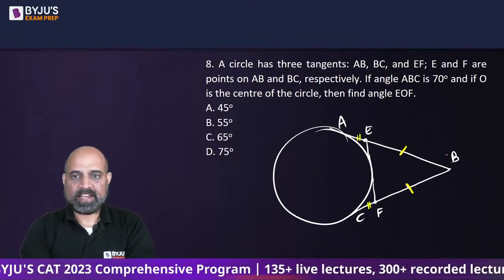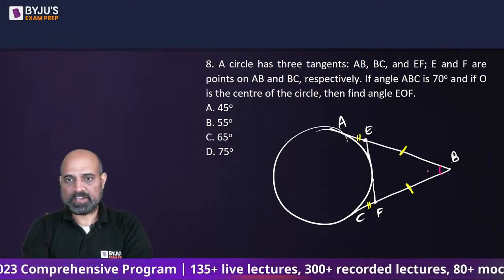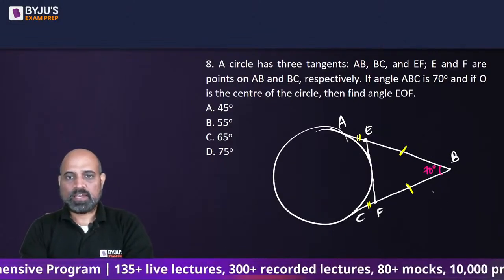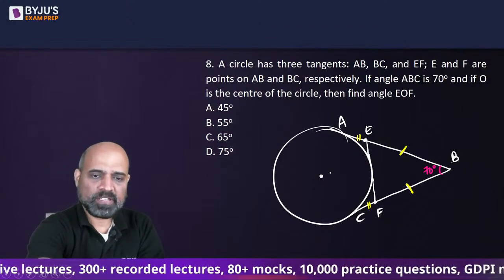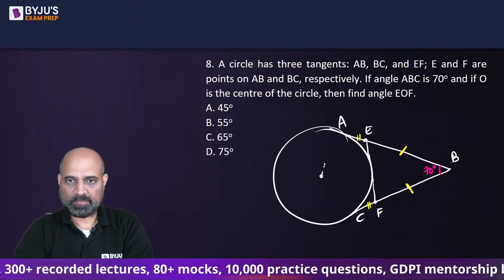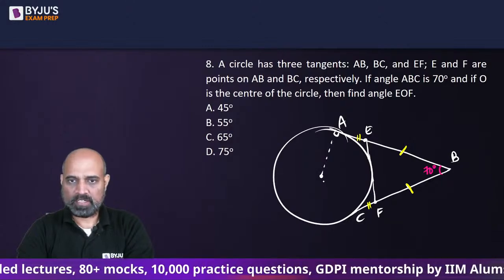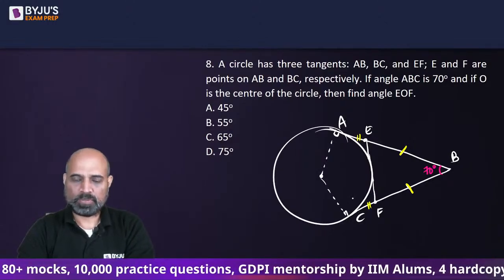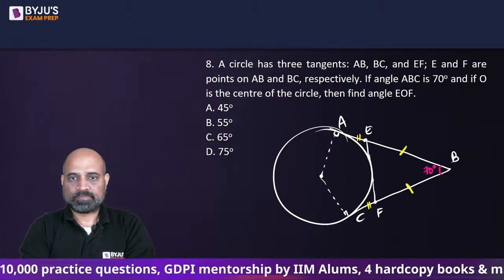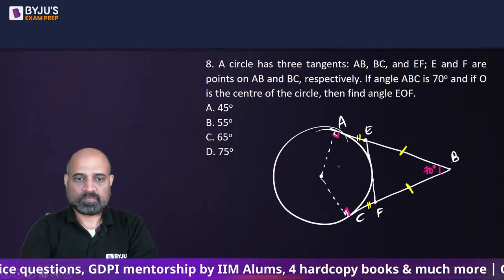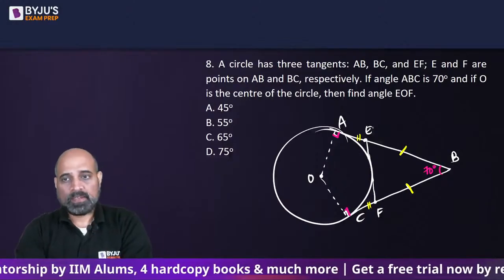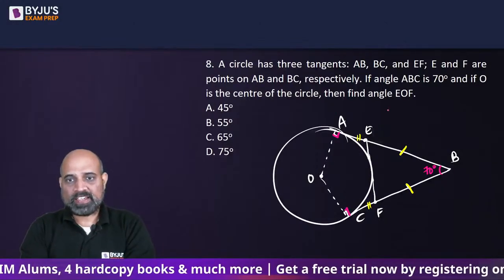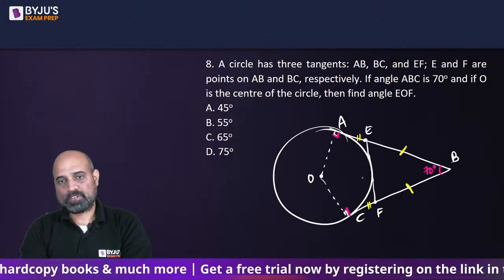It is given that angle ABC is 70 degrees. And if O is the center, I have taken it as completely symmetrical to save time here. So this is 90 and then similarly this is going to be 90. Then find angle EOF.